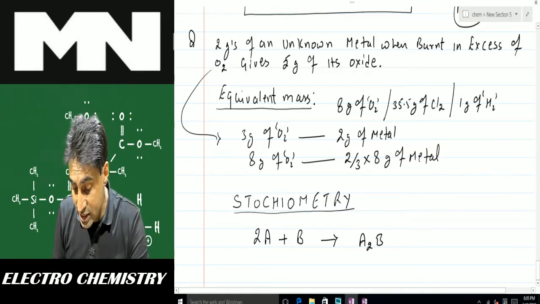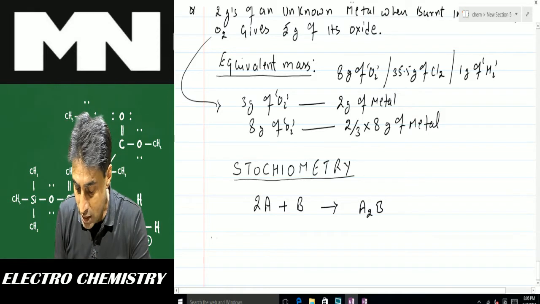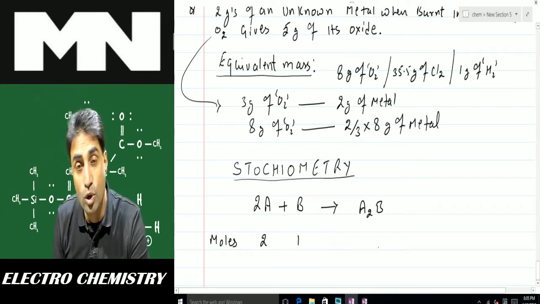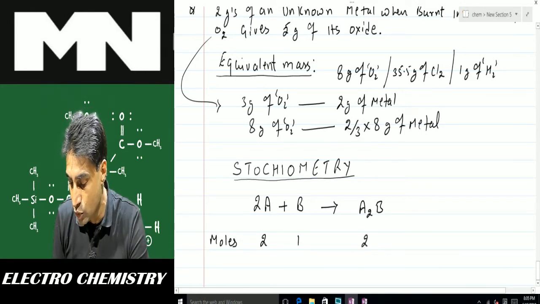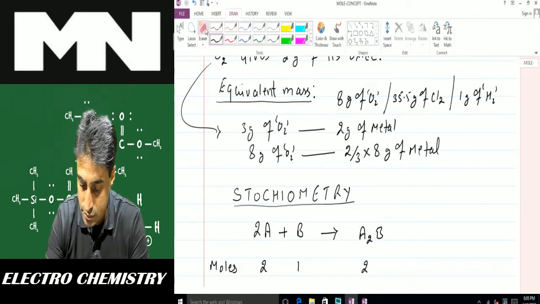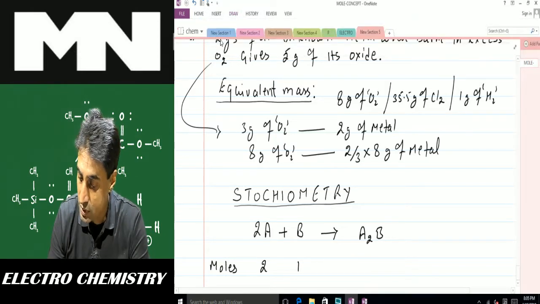If I have a look at this reaction, it is giving me some information. In terms of moles, I can say 2 moles of A is reacting with 1 mole of B to give me 1 mole of A2B.